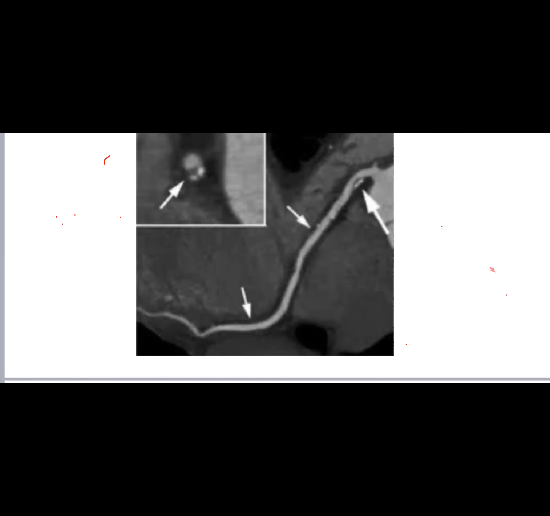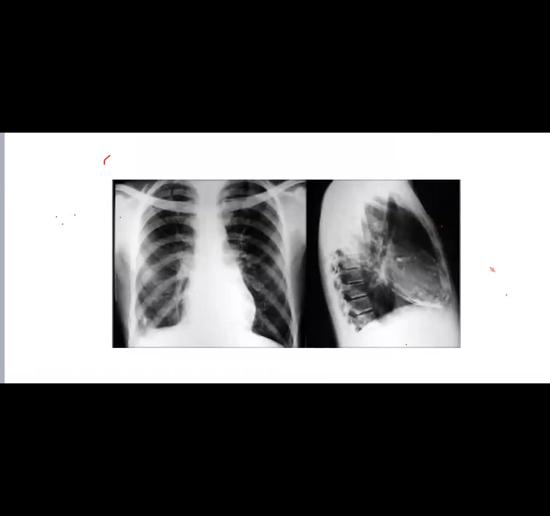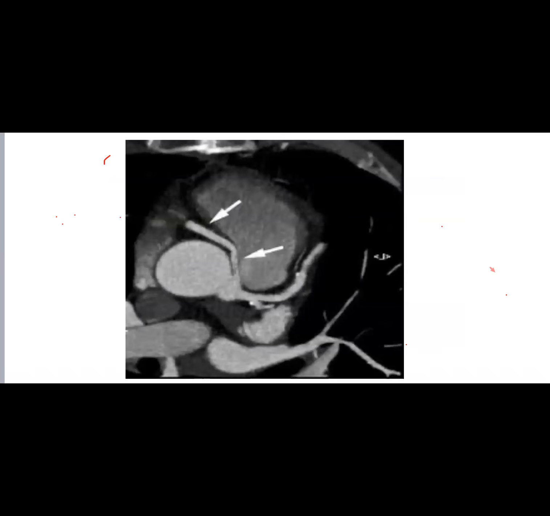Okay. And this is the AP and lateral chest X-ray for the calcification, showing calcification better in the lateral. And now this is what? Another important utility of cardiac CT is when you are suspecting anomalous coronary origin, exactly.